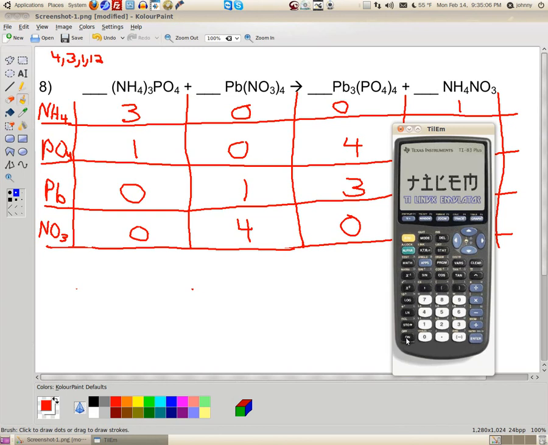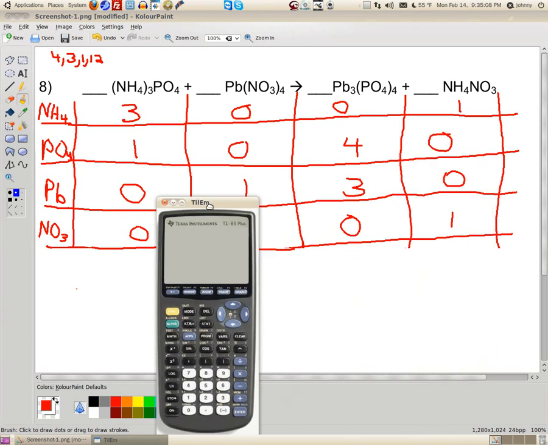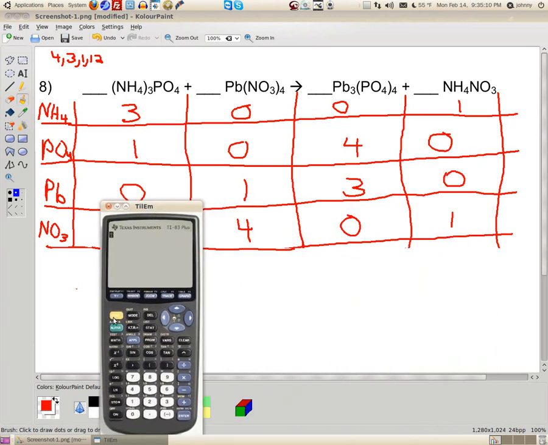Now all we have to do is enter that into a matrix. Let's turn the calculator back on because it fell asleep. So we're going to enter these into our matrix. We hit second, matrix, move over to edit, and we're going to make this a 4 by 4. Now we're just going to enter the numbers in. I have 3, 0, 0, 1, 1, 0, whoops, 4, made a boo-boo.